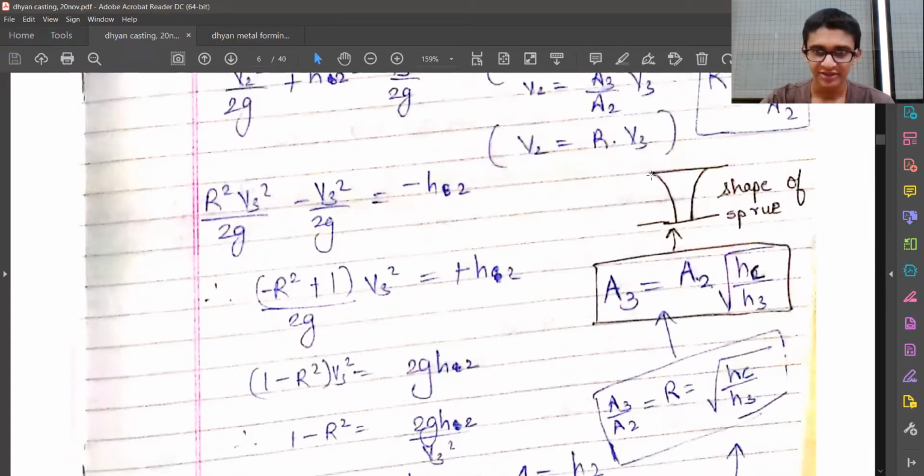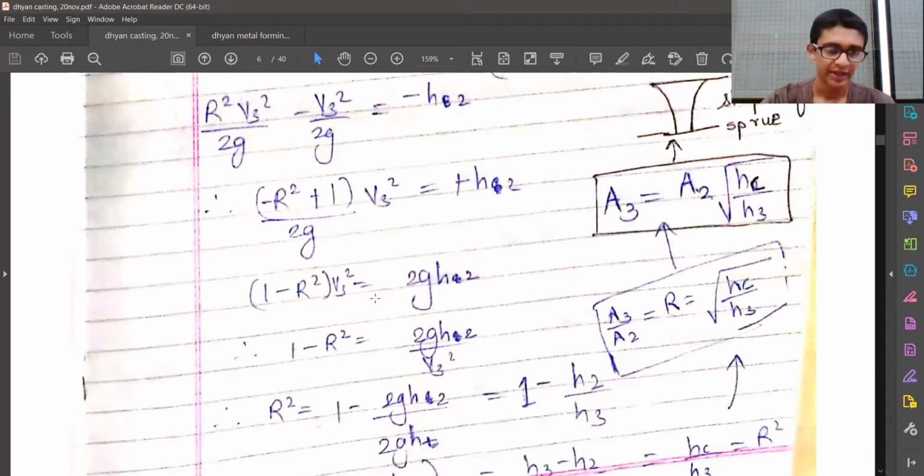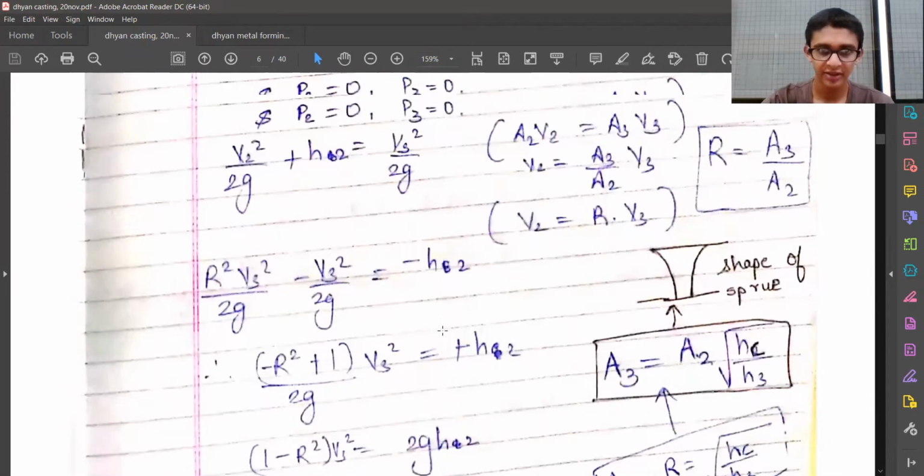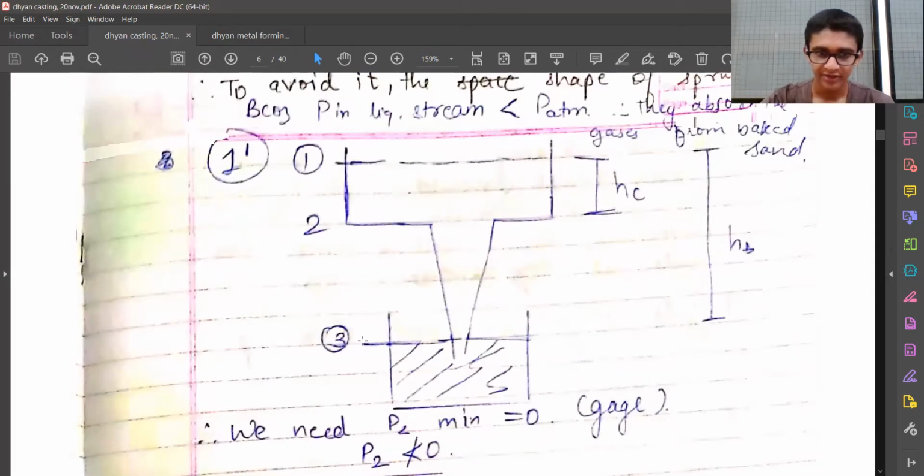And the shape of the sprue because of this equation is something like this. It is parabolic. We can simplify this and we get R square is equal to 1 minus 2g H2 upon 2g Ht, where Ht is the total height, so R square is equal to 1 minus H2 by H3. Ht and H3 are the same. H3 is the height between 1 and 3. Ht is defined in a similar way.